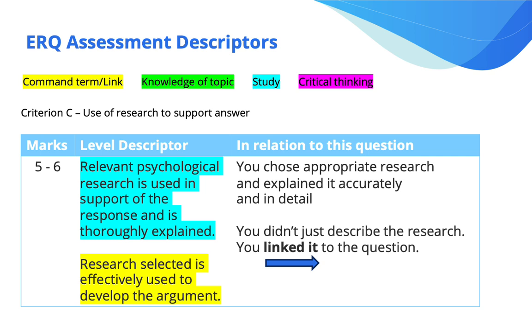So don't just include the research and then move on to another point. Before you move on, make sure you explain how that study that you've chosen to include in your essay links to the question. What's the purpose of it being in your essay? The general recommendation is to include 2 studies in essay response questions to help you score well for this criterion.